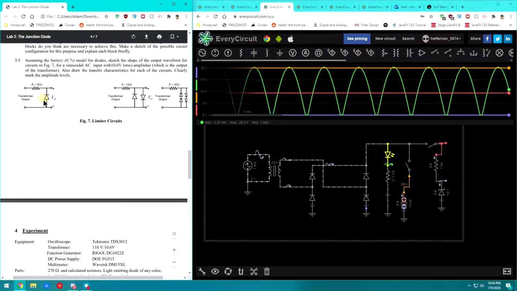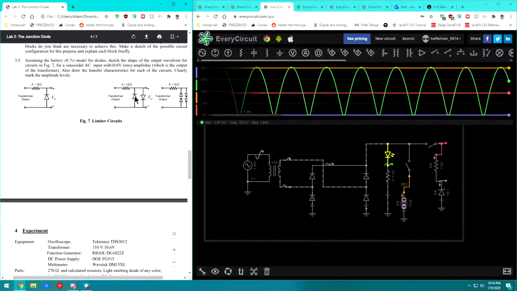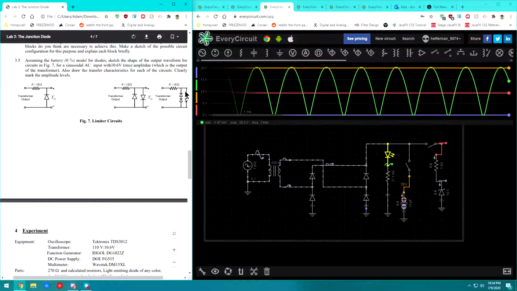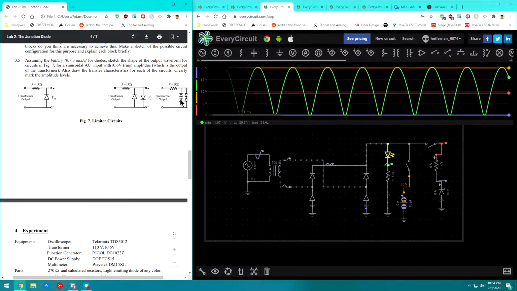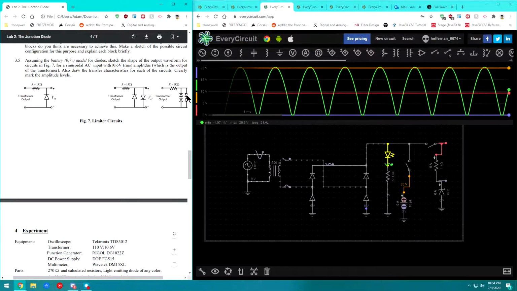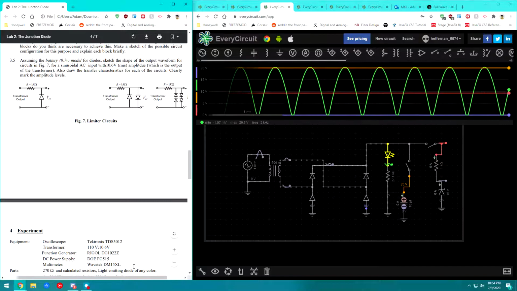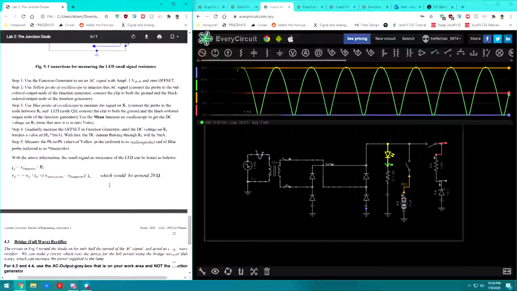In the first case we're going to do a single diode. Second case, 2 diodes, one in the forward direction and one in the reverse bias direction. In the third case, 2 stacked in the reverse bias direction and 2 stacked in the forward bias direction, and we're going to see the resulting waveforms for all 3 of those circuits and what's happening in each.